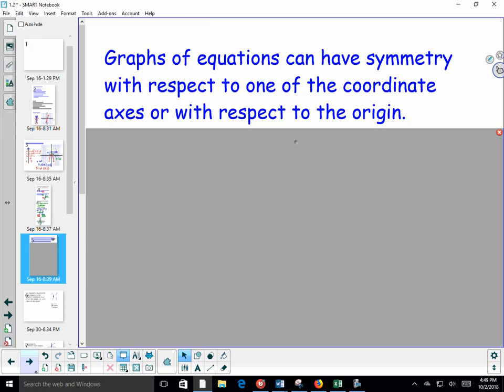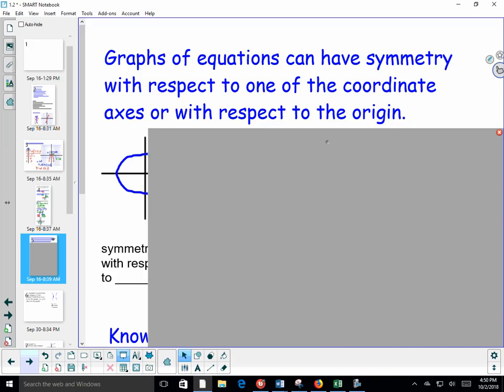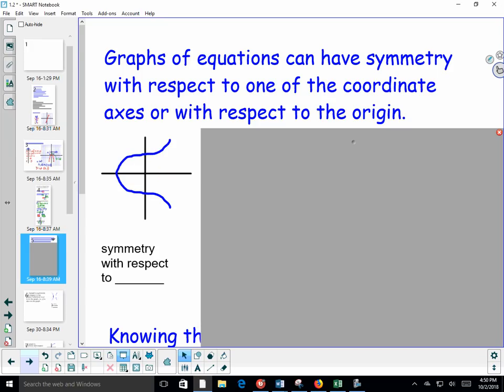Okay, so let's talk about symmetry. Graphs of equations can have symmetry with respect to one of the coordinate axes or with respect to the origin. So let's take a look at this first example. In this case, with this picture, does this graph look like it has symmetry with respect to the x-axis, with respect to the y-axis, or with respect to the origin?